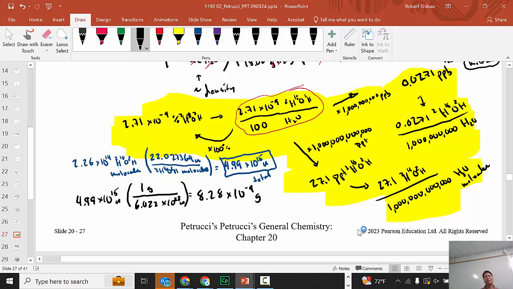All right, I'm going to use a metric prefix. I want to get a metric prefix that gets rid of 10 to the minus 9. What metric prefix is that? Nano. That's correct. So this is going to be 8.28 nanograms total.